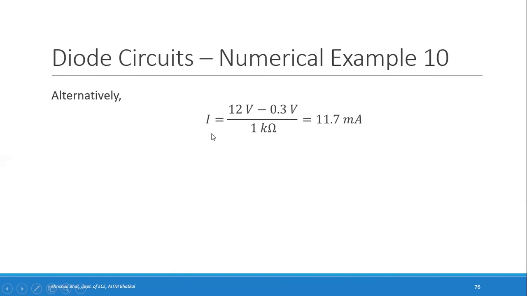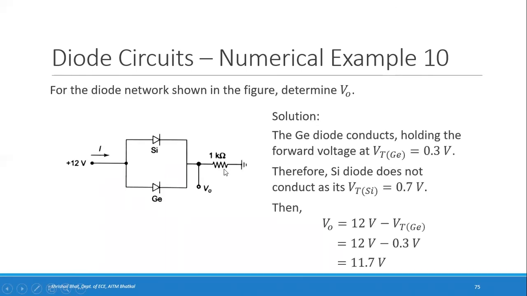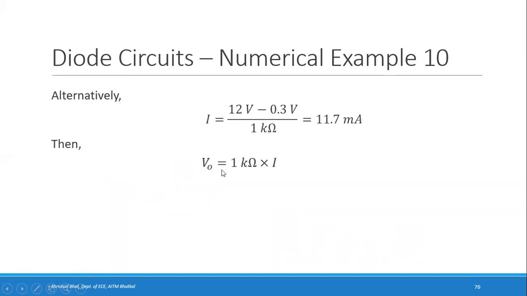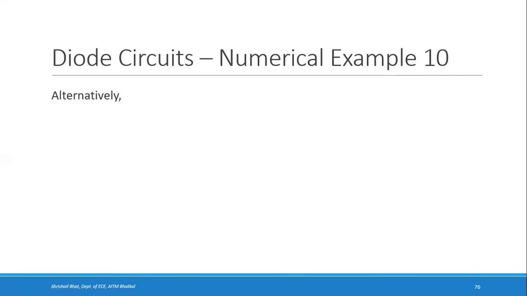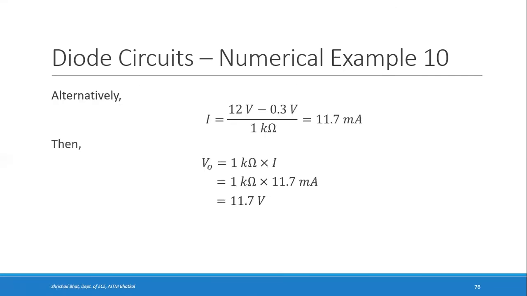That is the current. Then what is the voltage drop? Voltage is current into resistance. Current is 11.7 milliamps multiplied by 1k, and you get 11.7 volts. This way also you can do it, just to cross verify, which essentially gets the same answer.